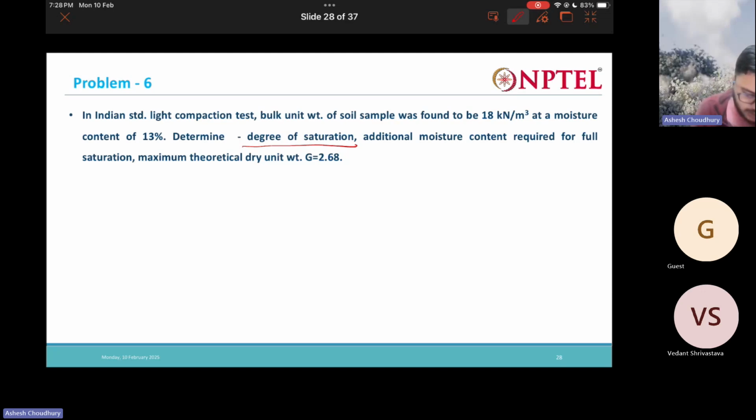So directly just put the values, it's very easy, right? So gamma total is G into (1 plus W) by (1 plus E), that is G into (1 plus W) by (1 plus WG by S) into gamma W. So we have 18.